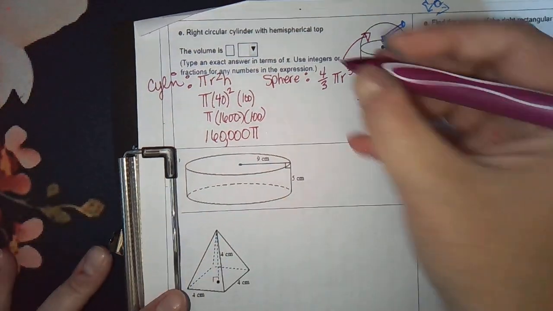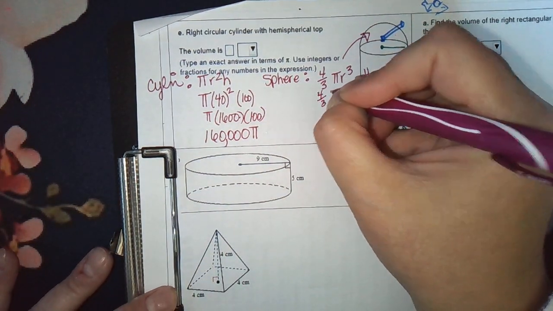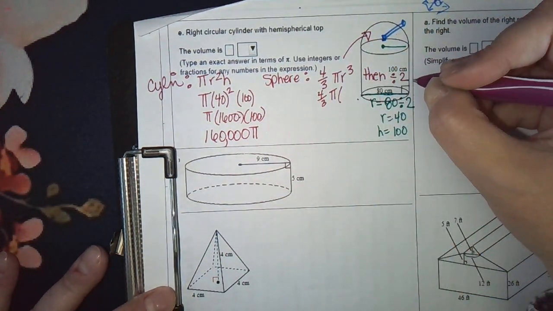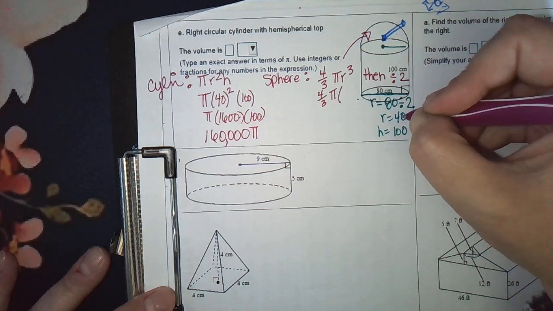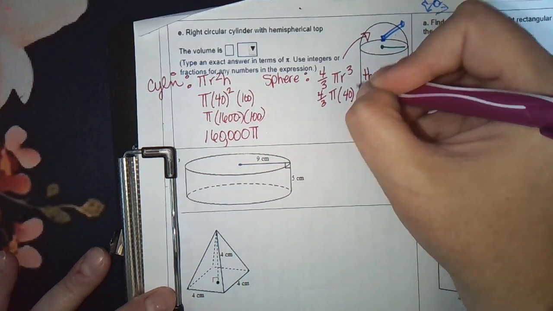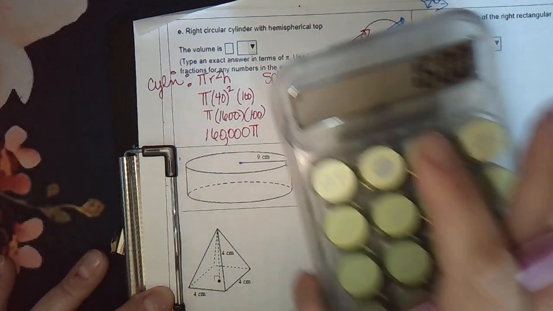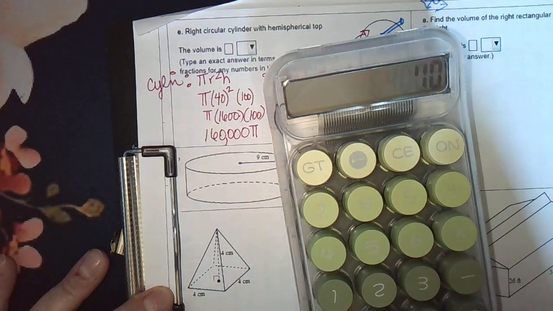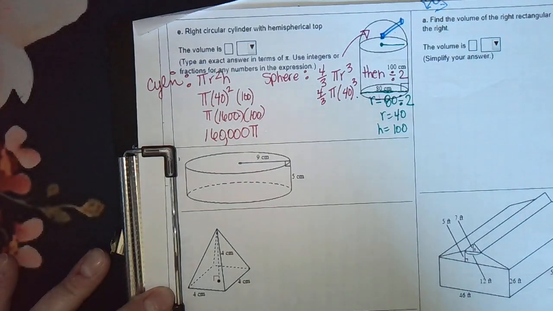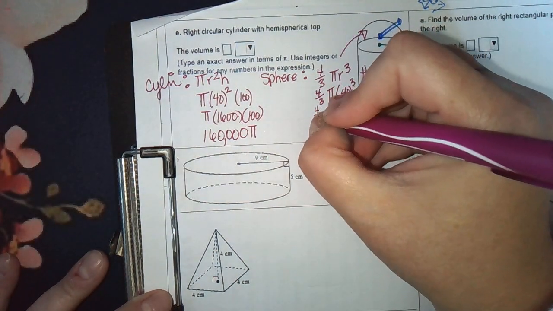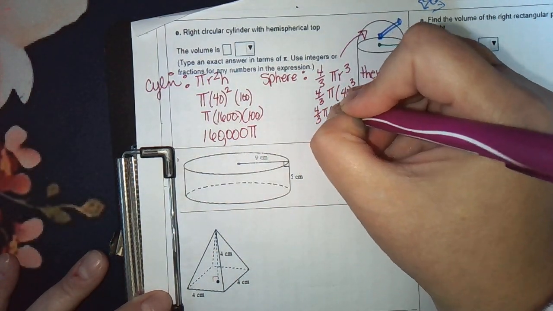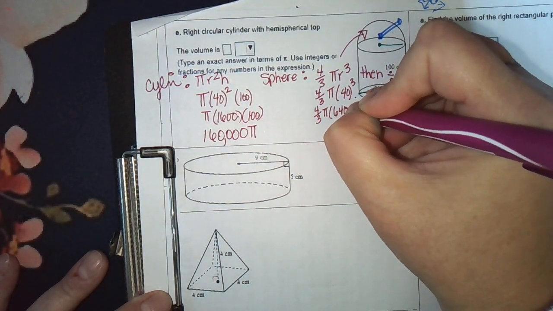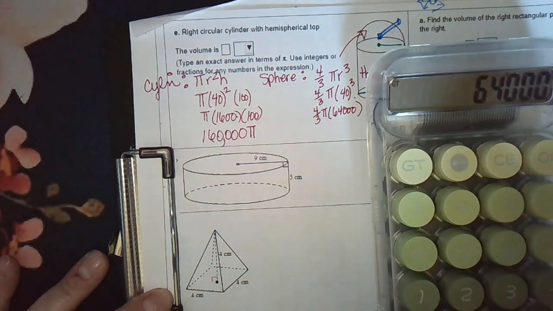Let's look at the sphere. We're going to have 4/3 pi, and our R is 40, and it's cubed. 40 cubed is 64,000. So this is 4/3 pi times 64,000.